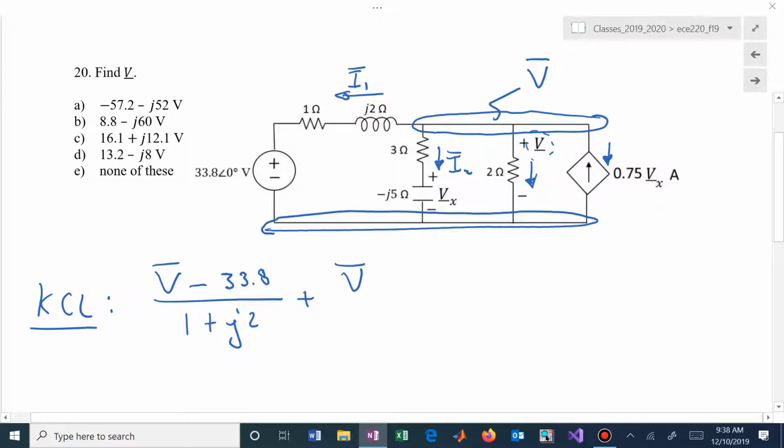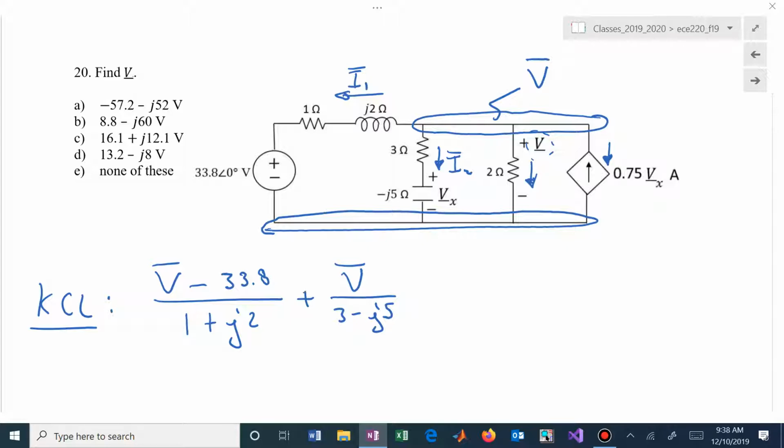If we can avoid it, let's not mess with it. So I'm going to say that's V bar. I sub 2 is V bar divided by 3 minus J5. I haven't introduced another unknown, which is why I'm avoiding worrying about V sub x underbar.